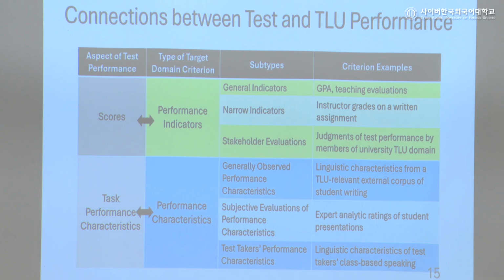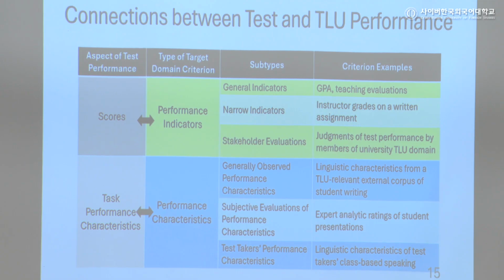So at the most general level, the way I'm thinking of it here, we have things like grade point average, teaching or other workplace job evaluations, right? And these are things that are not just related to language, but we think language should have some role in how well people do. We can then get into more narrow indicators that tend to be a little bit closer bound to the test construct itself, language.